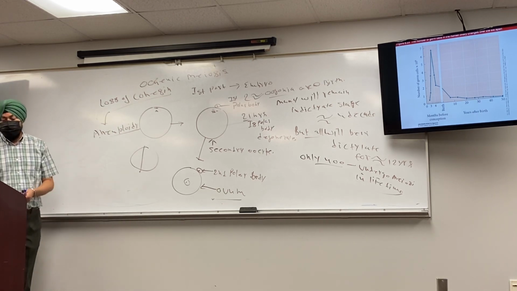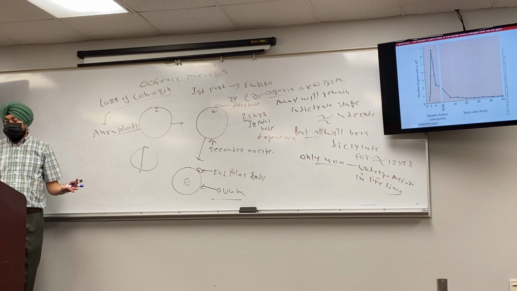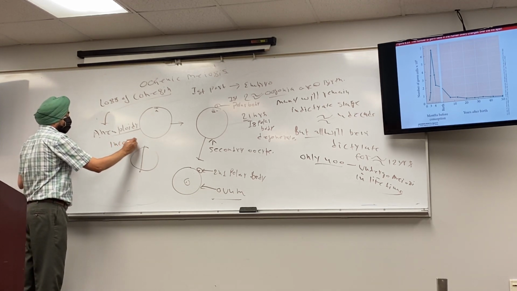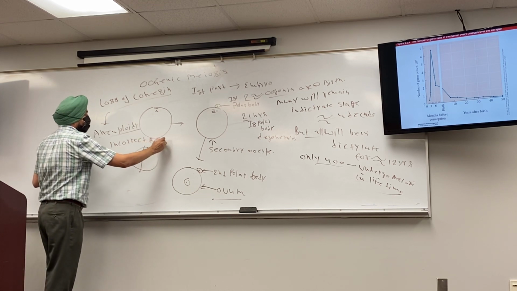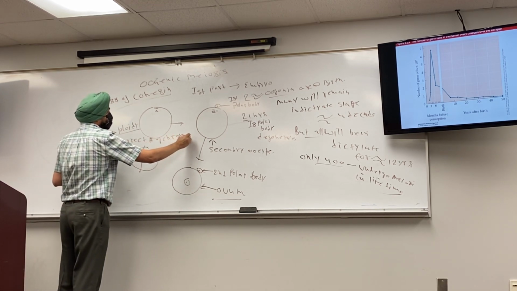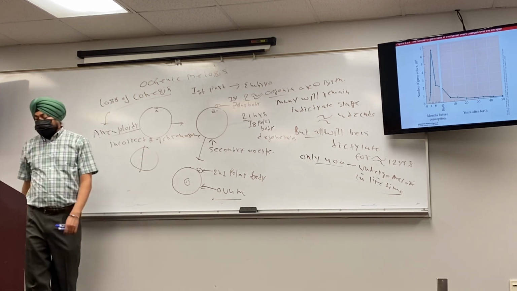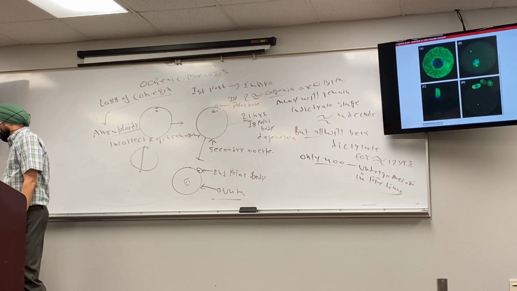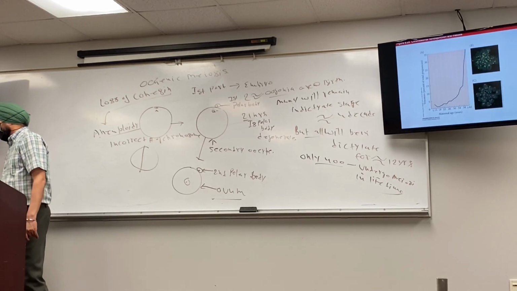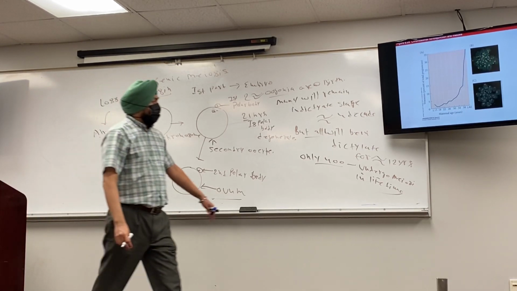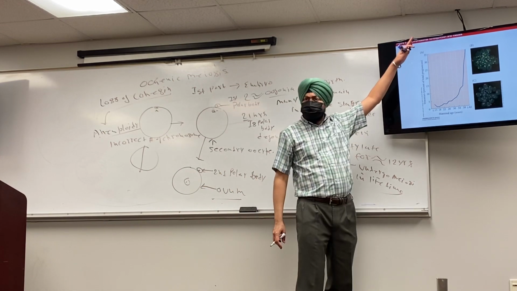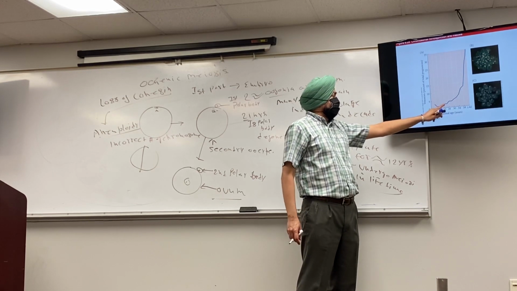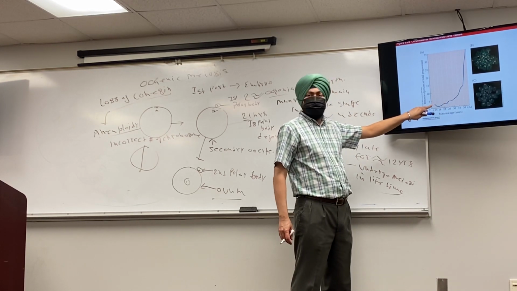Aneuploidy means you don't have the normal number of chromosomes, right? So that means an incorrect number of chromosomes. That is actually so bad if you look here. So you will have trisomy. Up to age 22, the chances of trisomy are almost 2%.